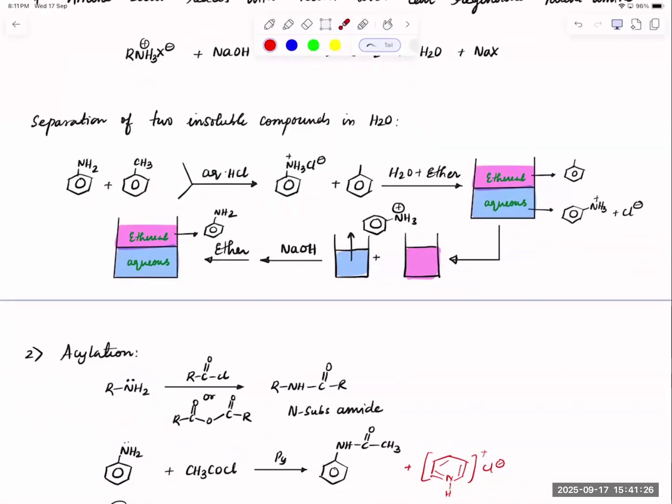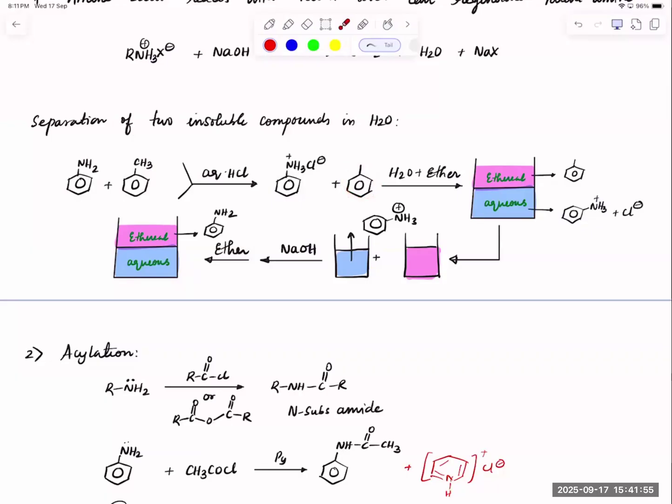Check out, if I am supposed to separate two organic compounds like toluene and aniline, let's say. Between toluene and aniline, when you add aqueous HCl here, you'll get anilinium chloride first, and this will get dissolved in water while nothing happens to the toluene.